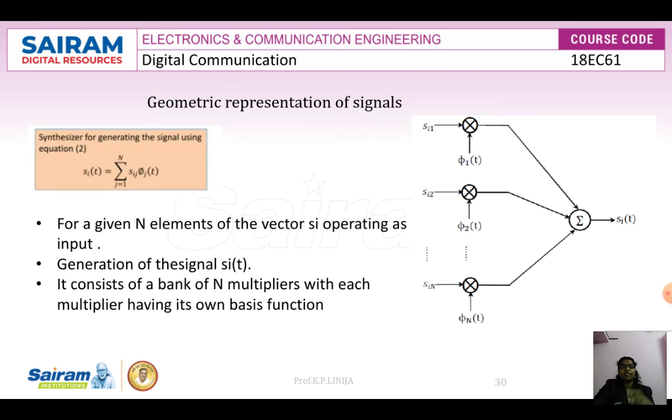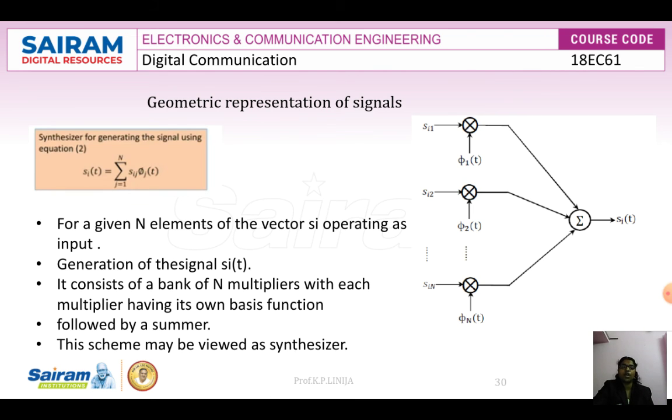This synthesizer diagram consists of a bank of n multipliers, each multiplier having its own basis function, followed by a summer. This scheme is called the synthesizer of vector signal, or transmitter of vector signal.